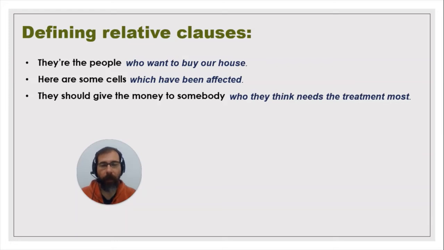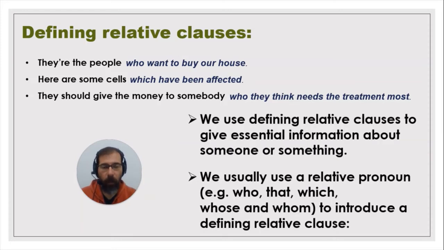They should give the money to somebody who they think needs the treatment most. Now it's clear who we should give the money to. So, we use defining relative clauses to give essential information about someone or something. We usually use a relative pronoun, for example, who, that, which, whose, and whom, to introduce a defining relative clause.